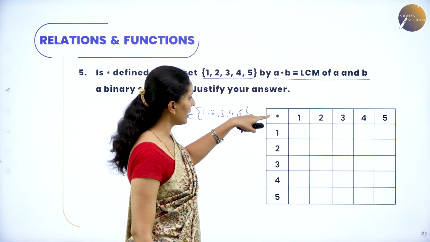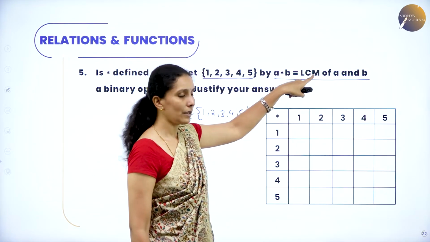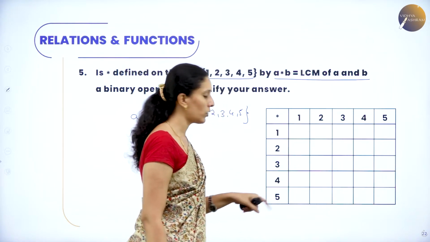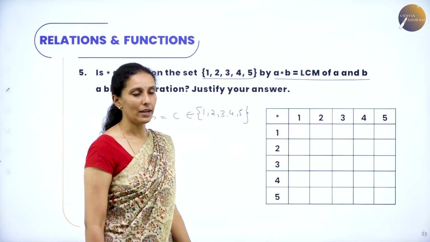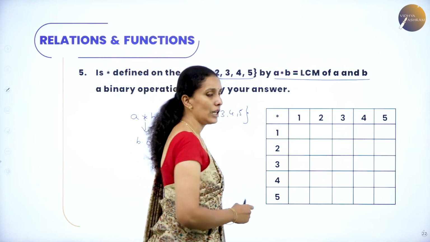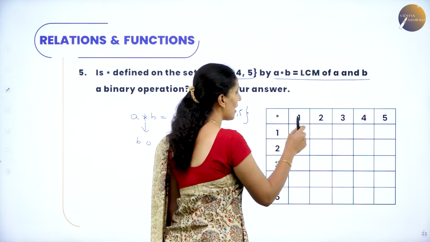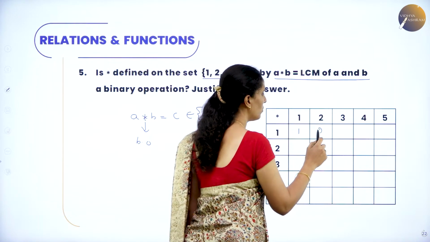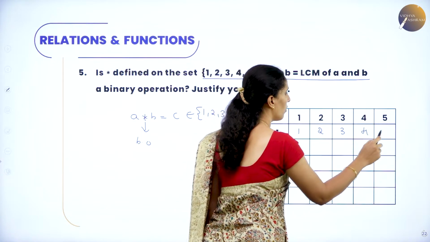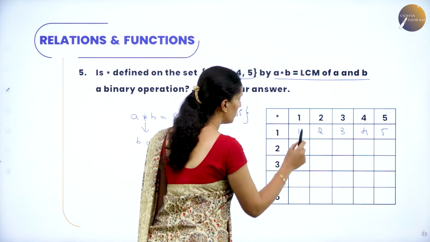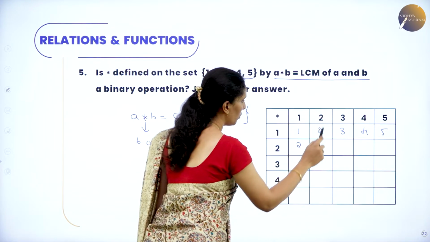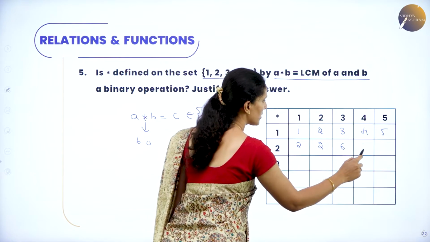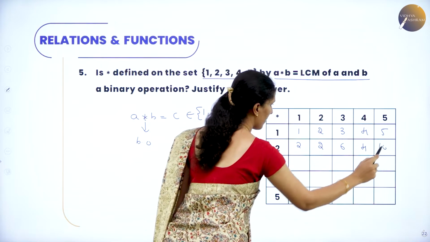So here I have taken the binary operation star, which is nothing but LCM of A and B. I have taken the elements 1, 2, 3, 4, 5, 1, 2, 3, 4, 5. Let's write the LCM of these with respect to the other numbers. 1 star 1 means LCM of 1 and 1, it is 1. LCM of 1 and 2, 2, 3, 4, 5 here. Now 2 and 1 is 2, 2 and 2 is 2, 2 and 3 is 6, 2 and 4 is 4, 2 and 5 is 10.